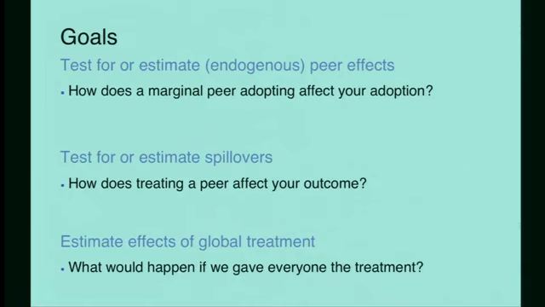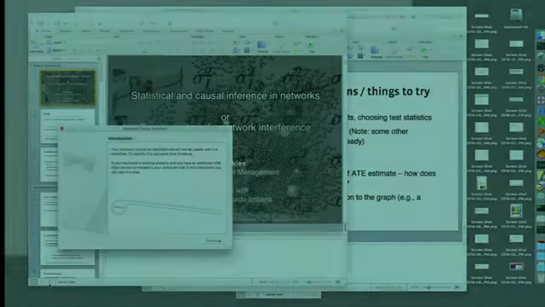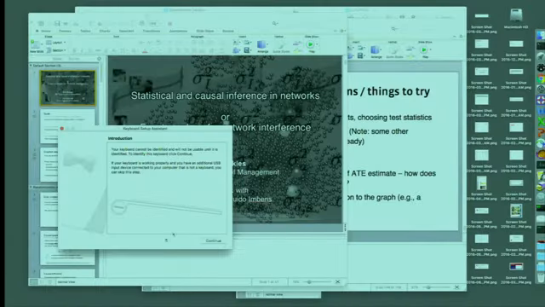So that's what Oleg was just talking about. How does treating a peer affect your outcome? And we could also be interested, and this is related to both of these, in estimating effects of some kind of global intervention. For example, some global static intervention like treating everyone or treating no one. Those are both potential goals here.